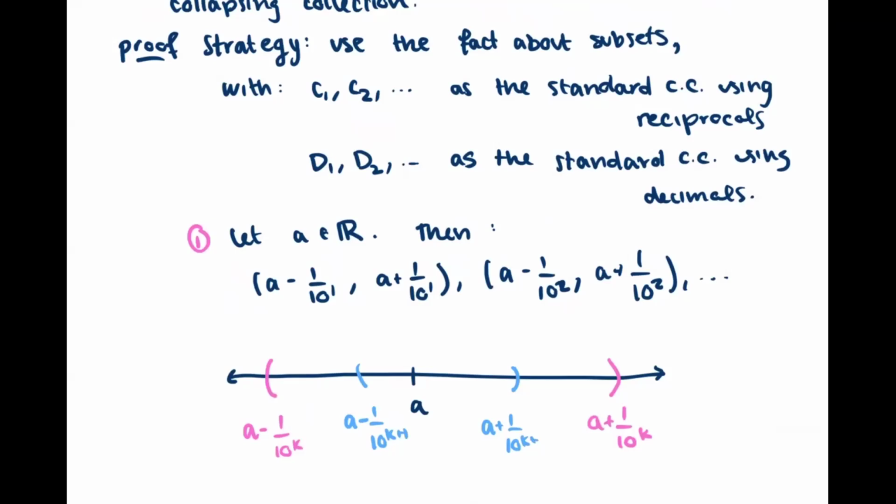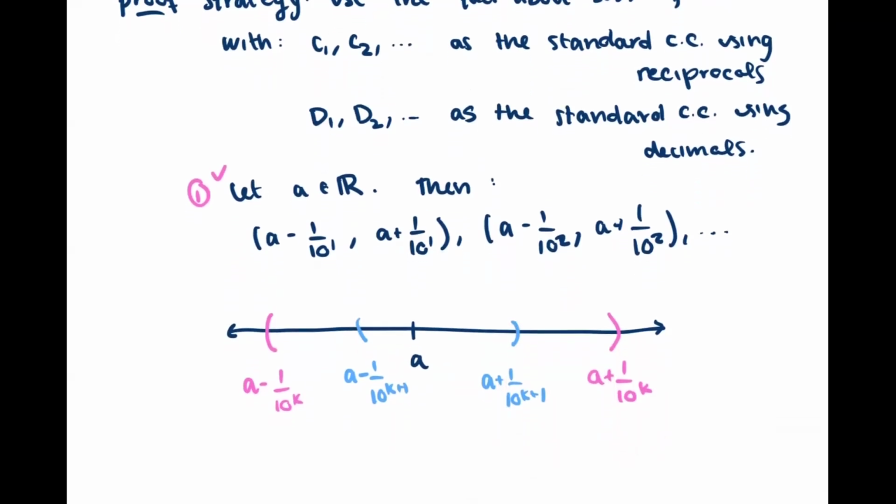The blue interval contains numbers that are distance at most 1 over 10 to the K plus 1 away from A, and that is a tiny number compared to the width of the pink interval, which is 1 over 10 to the K. Okay, so I think we're okay with this one.